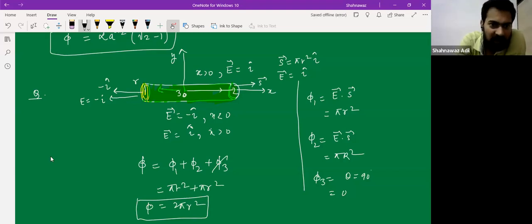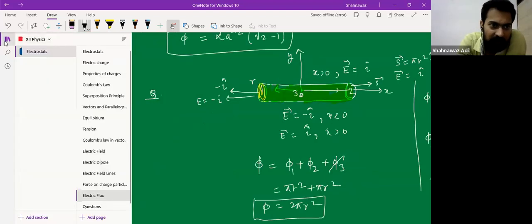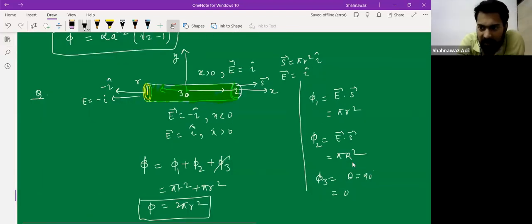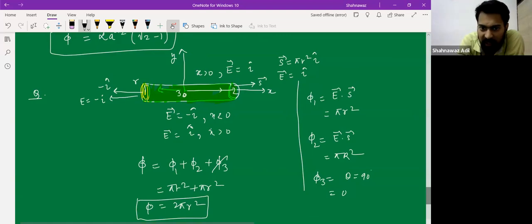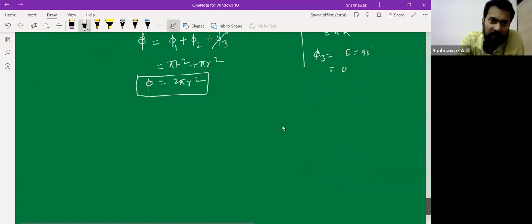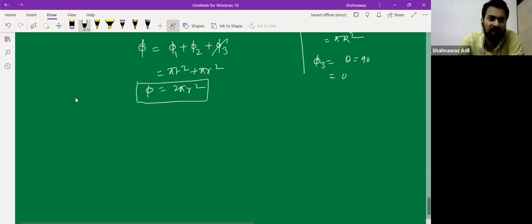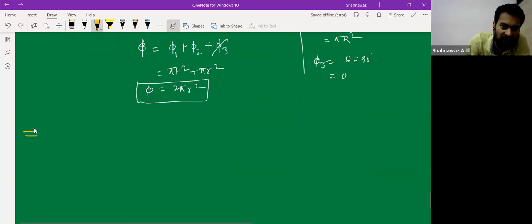Okay, now let us do the application of, okay, so this is the last topic, and then this will complete the chapter. So the last topic is the application of Gauss law.